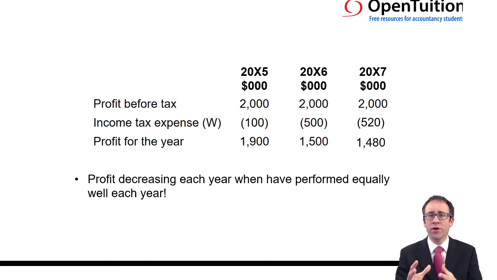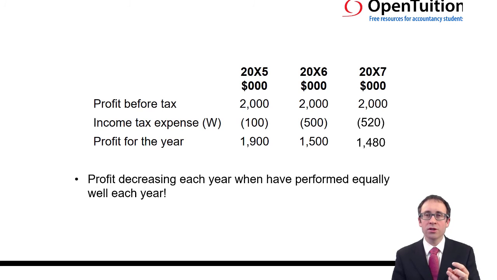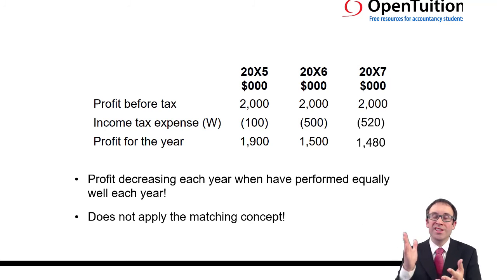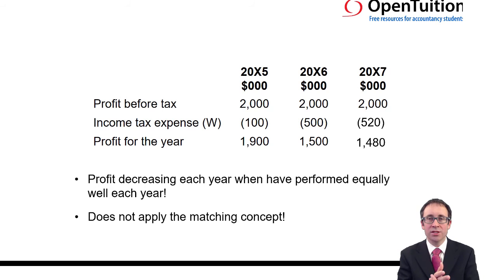So what we're going to have to go through and do is we're going to have to adjust it so that our performance effectively isn't impacted by this temporary difference of us charging depreciation, the tax authorities giving us a different amount in our tax computation as a tax depreciation or tax allowance figure. Because if we're getting in our accounts a deduction of 1,000 every single year to do with depreciation, then the matching concept should say that we see the tax benefits of that 1,000 depreciation.